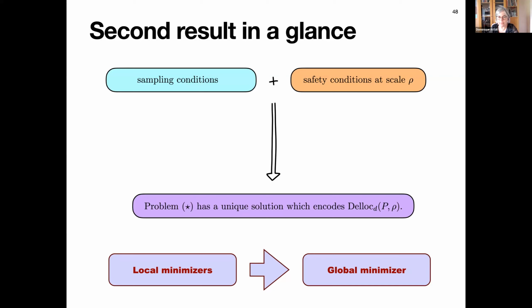And the idea is that the Delloc complex has been defined precisely so that locally it's a minimizer. And what happens here is that everywhere you take a local minimizer, and so it seems really reasonable that globally it should also be a minimizer.